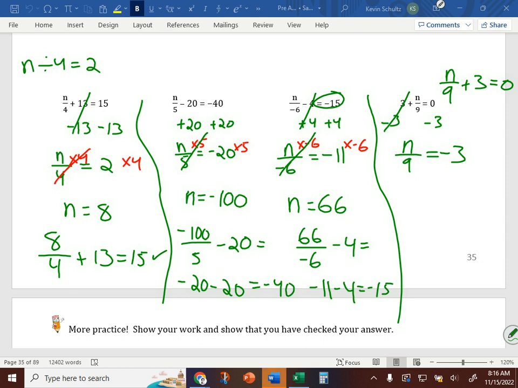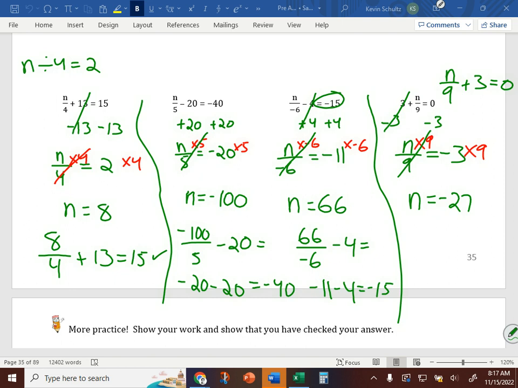Okay. Scarlett, what are we doing next here? Sorry, you were probably working on another one, but yes, very good. Multiply both sides by 9. Cancel out that denominator. n is by itself, and negative 3 times 9 is a negative 27.